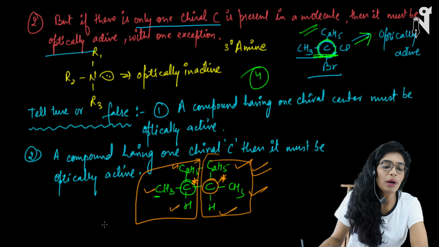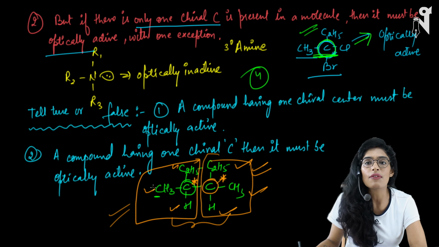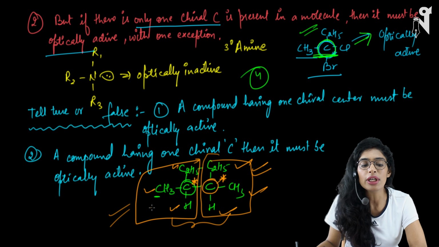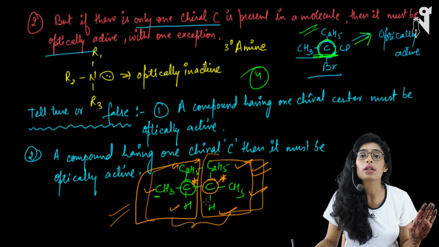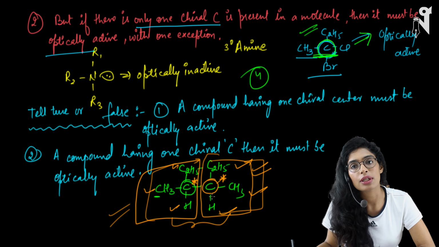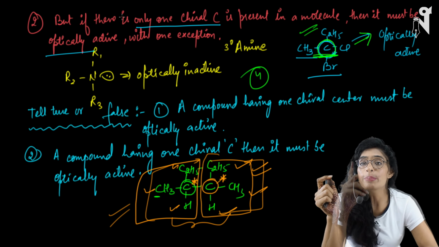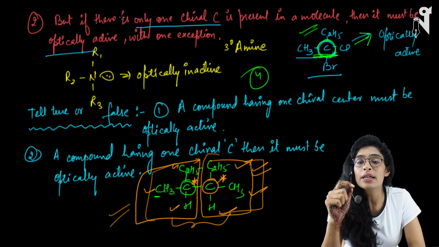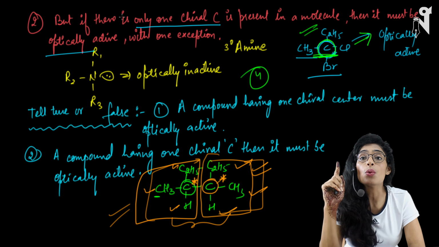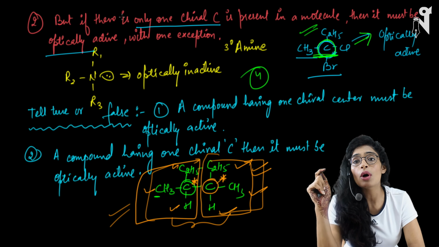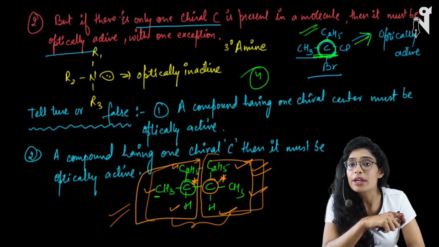So for this compound, I cannot define right now whether it is optically active or not. We will be able to after some time once we start learning symmetry. But for now, the presence of 2 chiral centers does not ensure optical activity in this molecule. So I hope this is clear. Two important things: first, the presence of a chiral center doesn't ensure optical activity in the molecule, but if there is only one chiral center in your whole molecule, then your compound must be optically active.